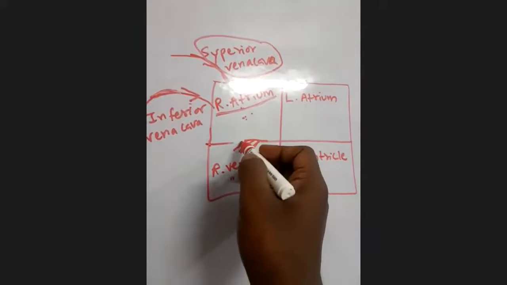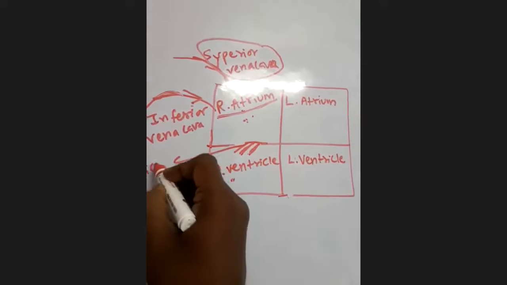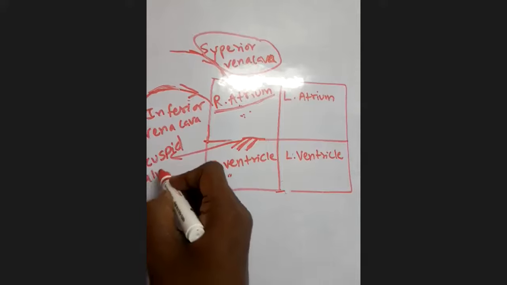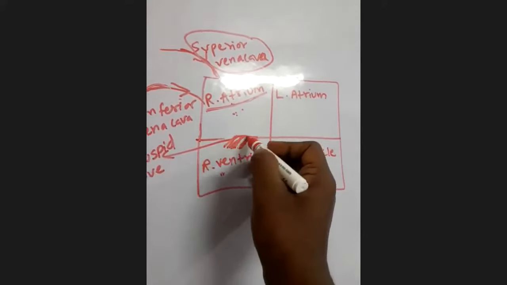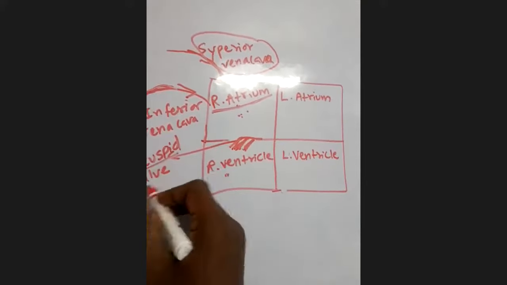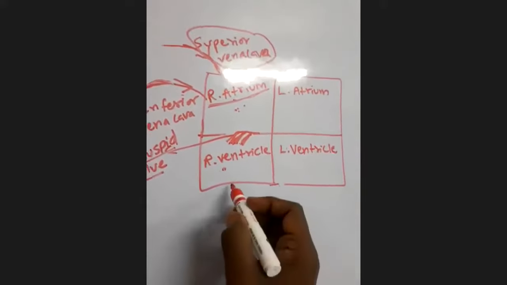So this is what is called the tricuspid valve, because it has three flaps. We call this the tricuspid valve, right? And then what happens?